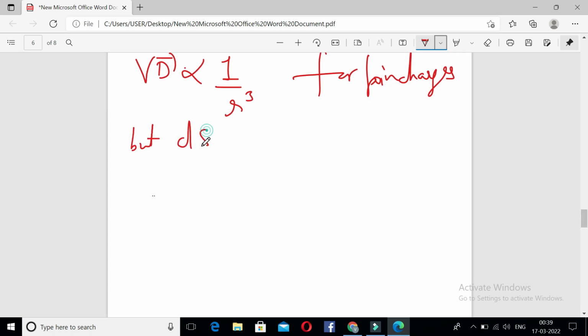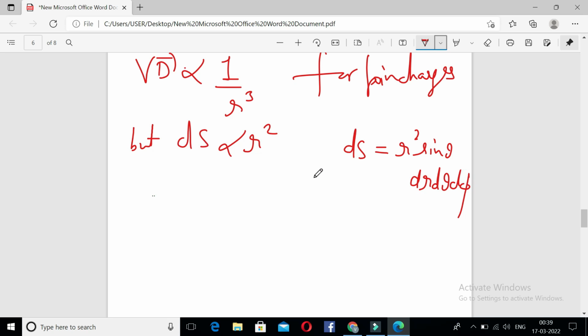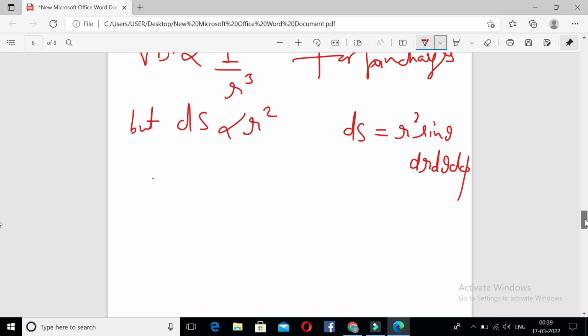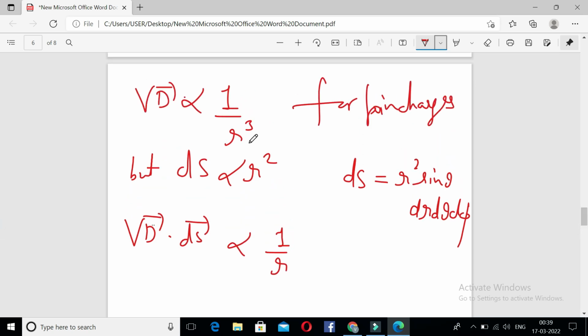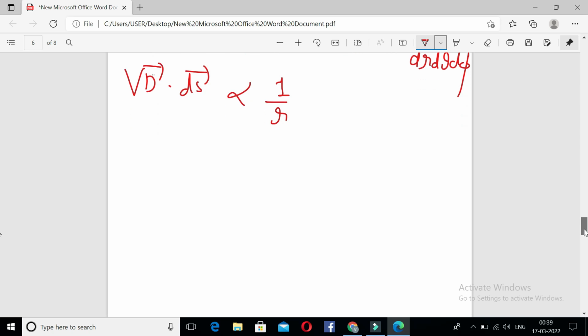But dS is proportional to r square, because in the spherical coordinate system dS is equal to r square sine theta dθ dφ. Now VD dot dS must be proportional to 1 by r, because 1 by r cube into r square gives 1 by r.